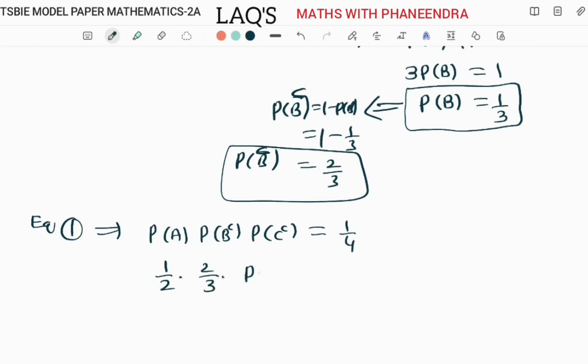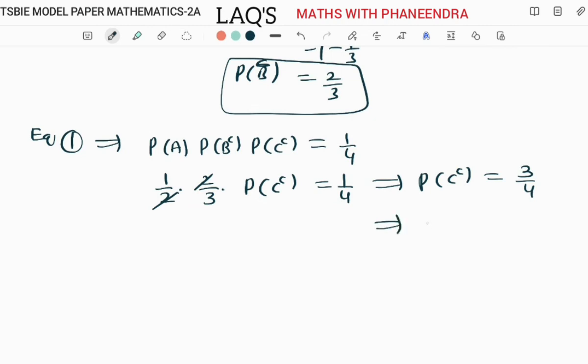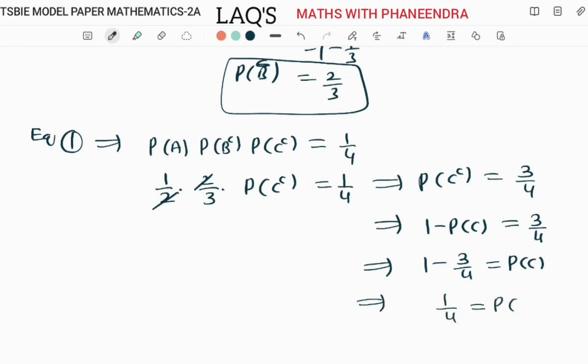P of C complement is equal to 1 by 4. So here 2 get cancelled. 3 we can take here. P of C complement is equal to 3 by 4. That implies that 1 minus P of C is equal to 3 by 4. So 1 minus 3 by 4 is equal to P of C. 4 minus 3 is 1. 1 by 4 is equal to P of C.